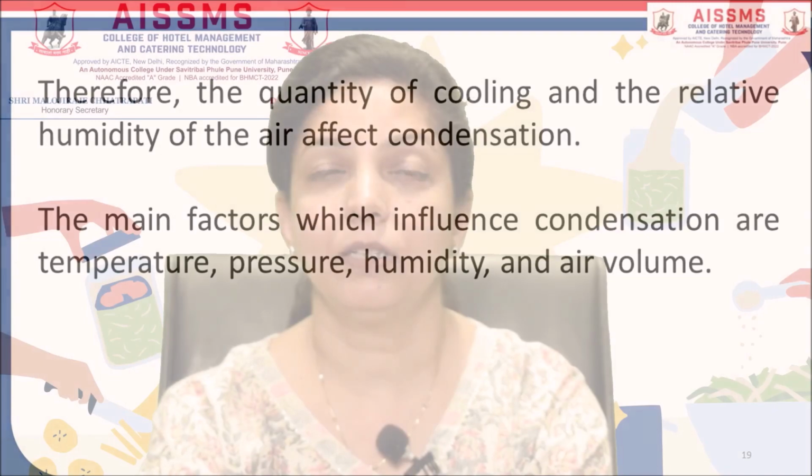Let me quote another example to revise the process of evaporation. When heat is applied to a liquid or when a liquid surface area is exposed, the liquid changes into vapor, which is called evaporation.